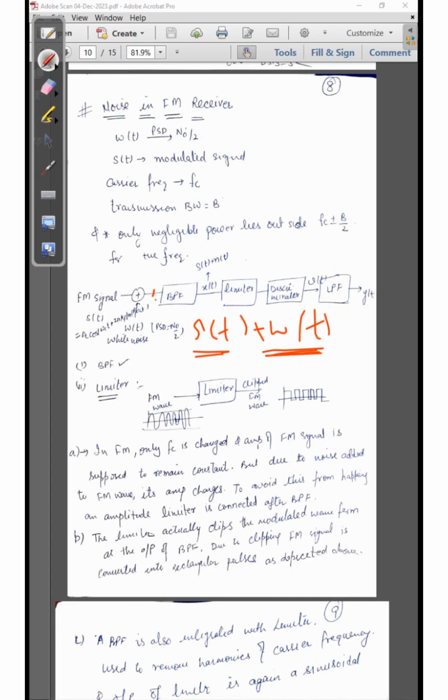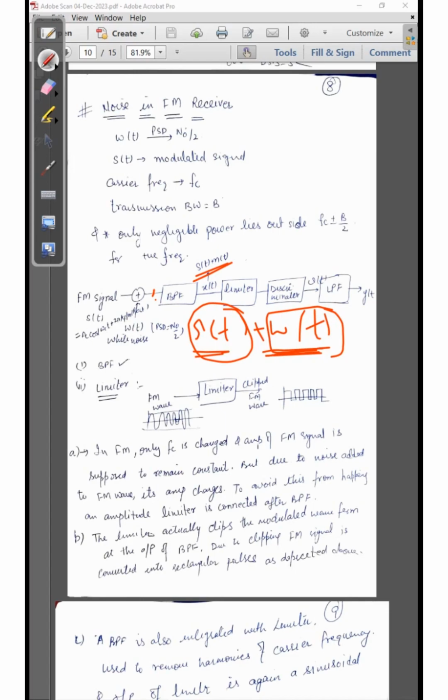Then this signal is passed through a band pass filter, which passes the modulated signal as it is without any distortion and narrows this noise W of t to N of t. So the output of the band pass filter, represented with X of t, is nothing but S of t plus N of t, where N of t is my narrowband noise.